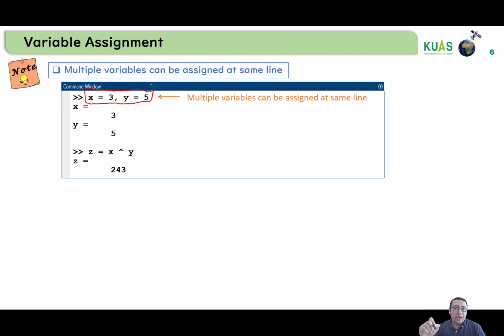So we said x equals 3, comma, y equals 5. So we defined x and y. And then we can use them freely. So we said z, a new variable, is equal to x to the power y, which means 3 to the power 5. 3 to the power 5, the answer will be 243.